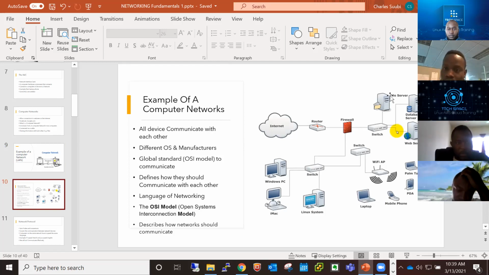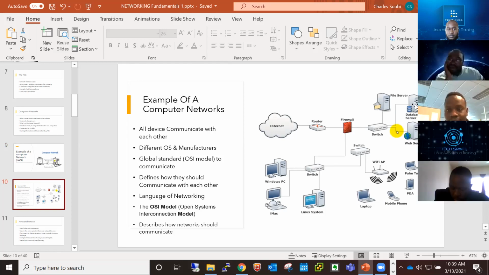All right, so what's the use of a file server? Can someone give me an answer? Okay, so it's not complicated. Let me try.